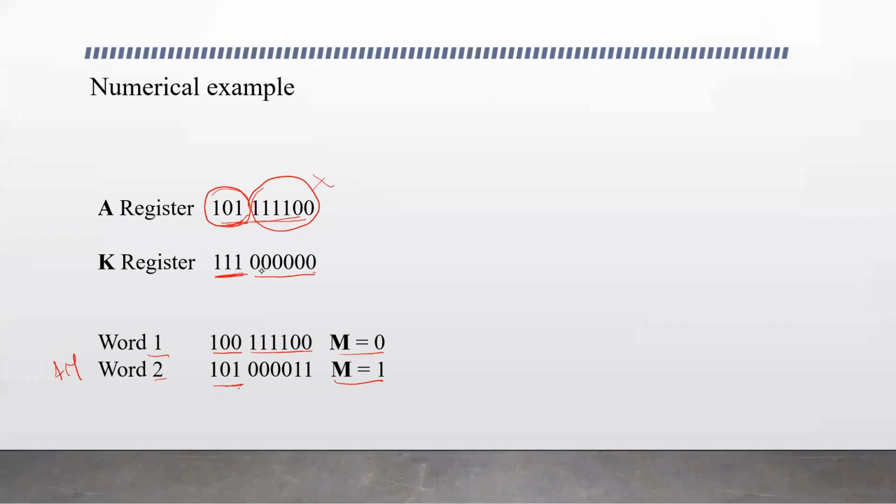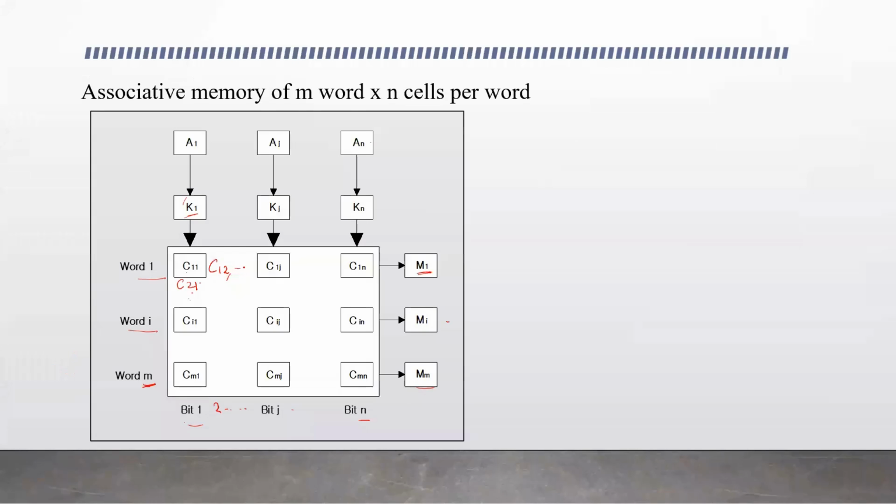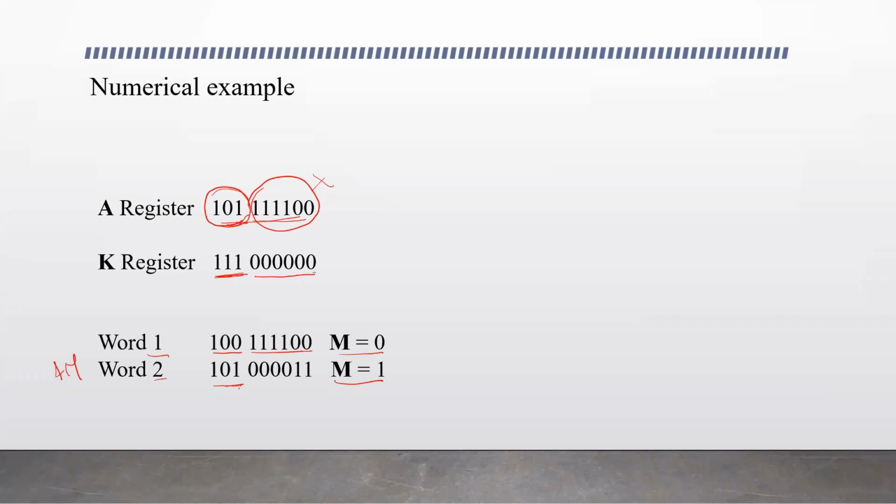This is an example. Here we have set the first 3 bits of the key register to 1. Suppose the key register is 0, 0, 0, 1, 1, 1, 0, 0, 0. Then the part of the word that is compared is these 3 bits. These 3 bits are used as a key to compare.